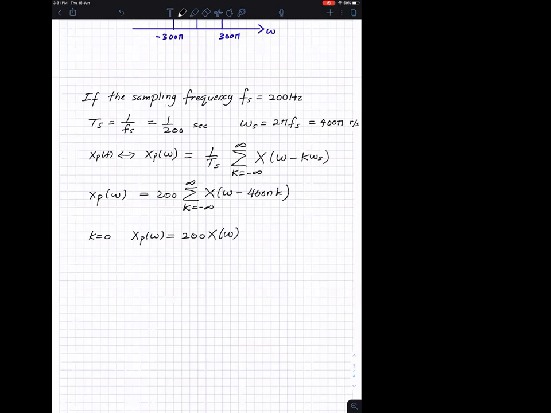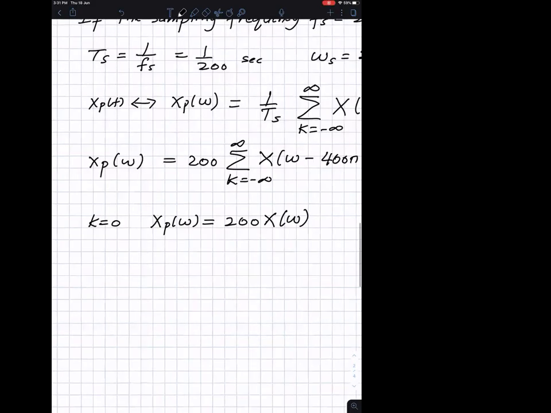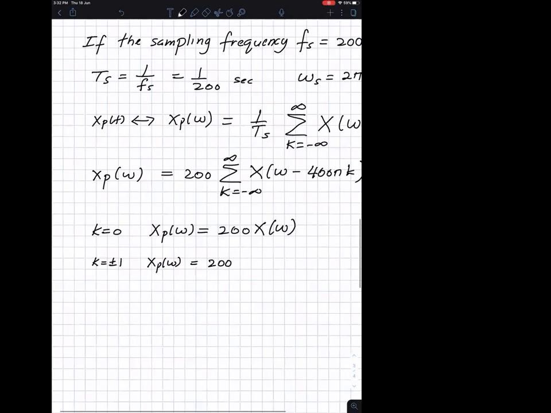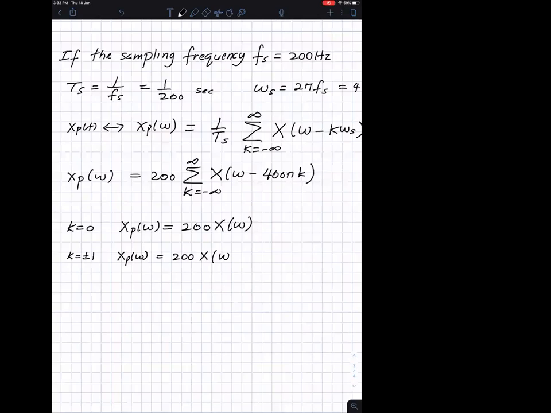Next, we do this for k equals plus minus 1, because we know k is going from minus infinity to positive infinity. So X(omega) is going to be the same 200, but now omega is plus minus 400 pi because k is plus minus 1.